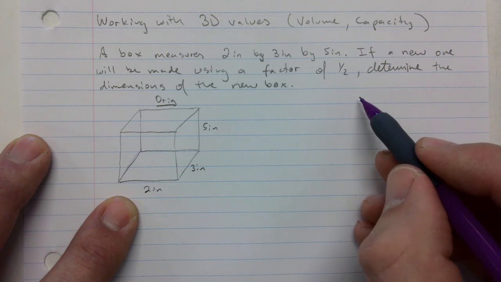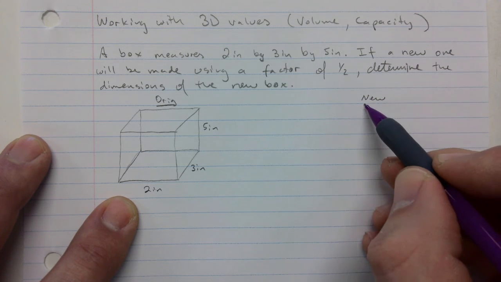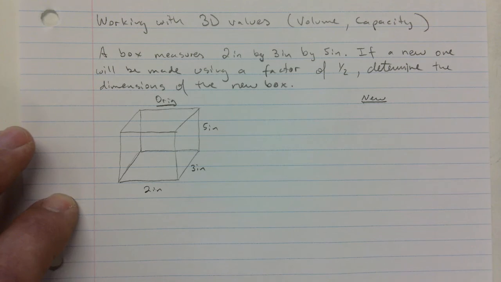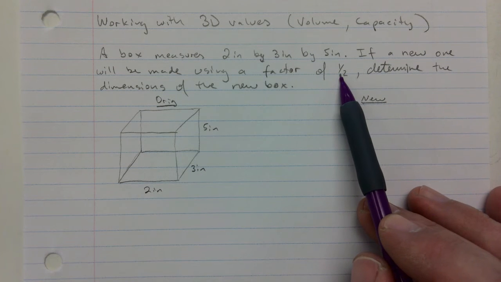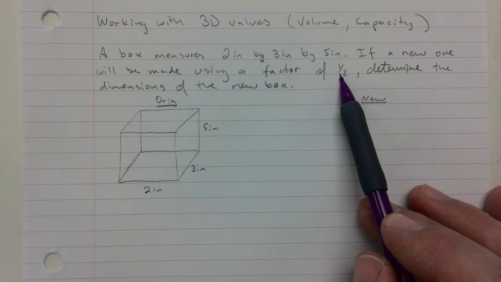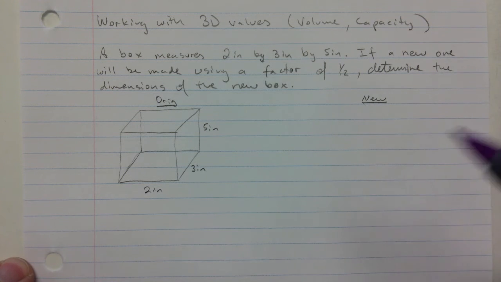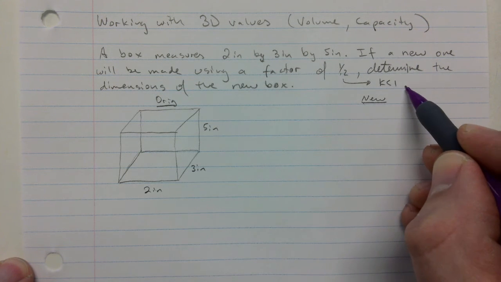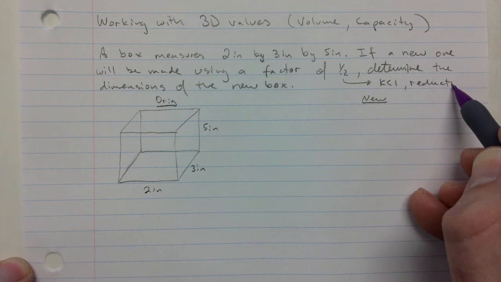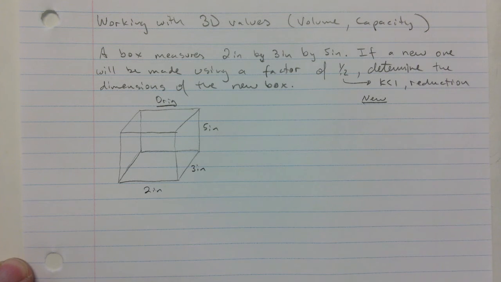Okay. And the new one, is the new one going to be bigger or smaller? The new one, it's a factor of 1/2. That's less than 1. It's going to be a reduction. So I don't know if you want to make a note of that here. K is less than 1. It's a reduction. So it's going to be a smaller box that you're making.